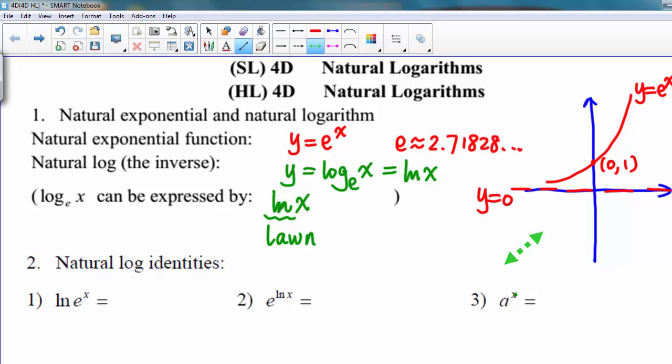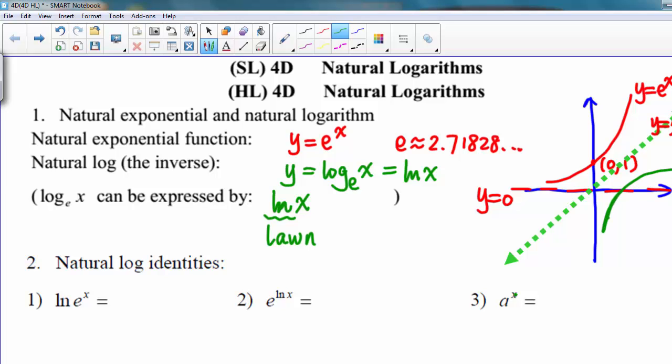With the line y equals x, its inverse function, the natural log function, is the reflection image of y equals e to the power of x in the line y equals x. So its graph should look like this.